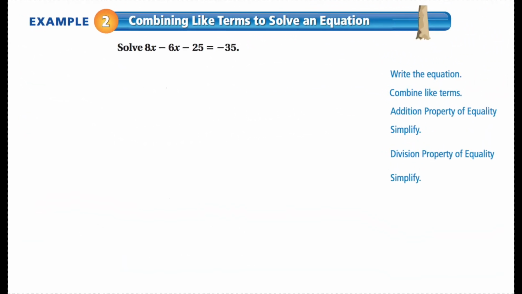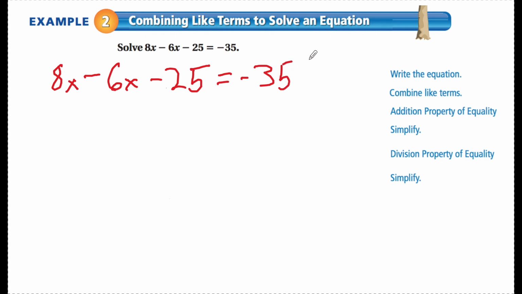Alright, example 2, combining like terms to solve an equation. So for this one, we're going to have to combine like terms to solve this problem. They give us the problem right here. It's 8x minus 6x minus 25 is equal to negative 35. So the first thing we have to do is write it out. 8x minus 6x minus 25 is equal to negative 35.